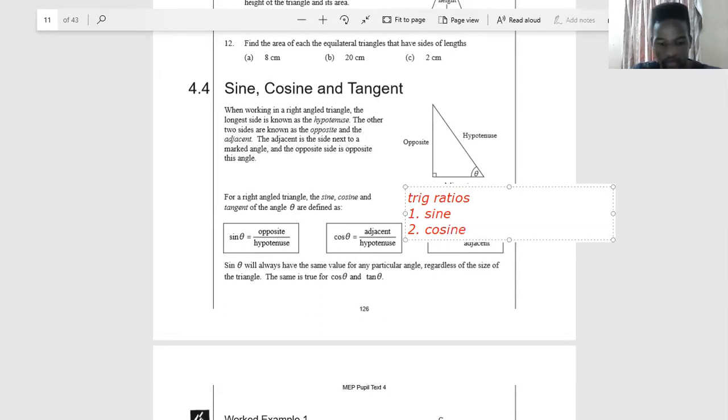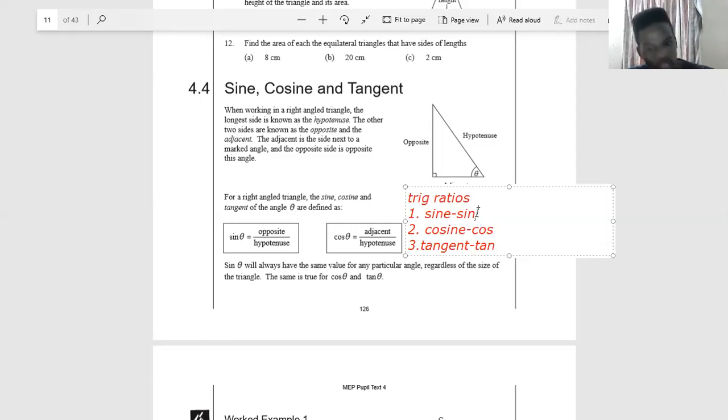The third one being tangent. Most of the textbooks cut these words. Sine, don't say it's sin, guys. No one committed sin. Sine. Cosine shorthand is cos. Tangent shorthand tan. So it's sine, cos, tan.